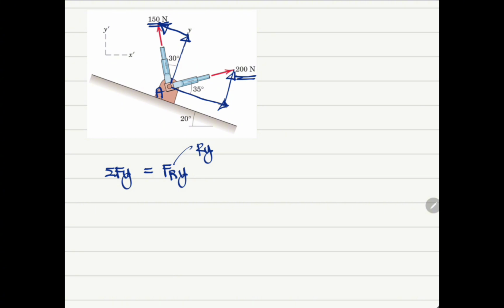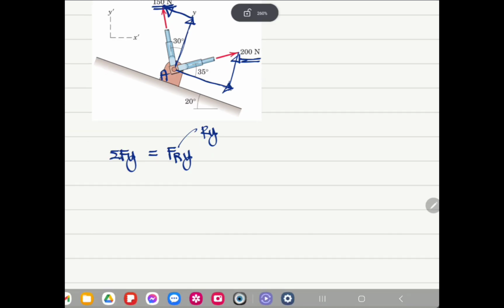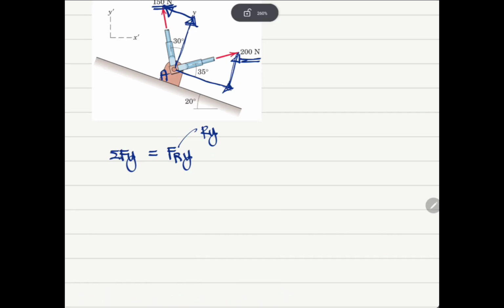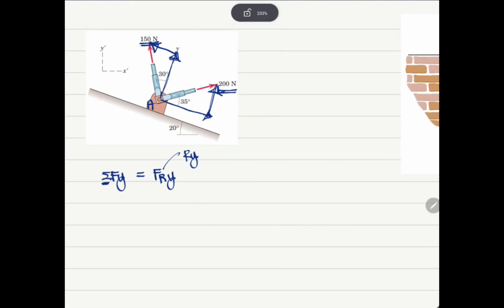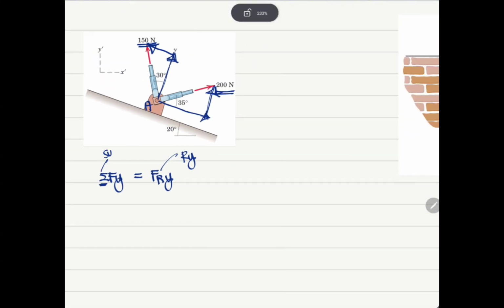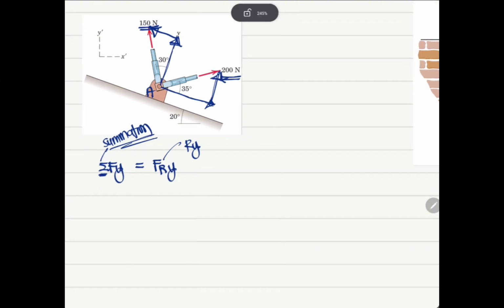So, the vertical component of the resultant force. If you add, sum up, using the summation symbol, all the forces acting along the y-axis, this is equal to FRy, or Ry, the component of the 200, the vertical component of 200 newtons.